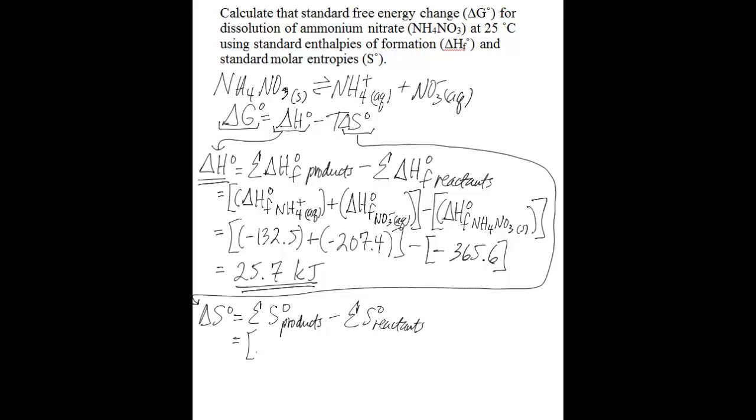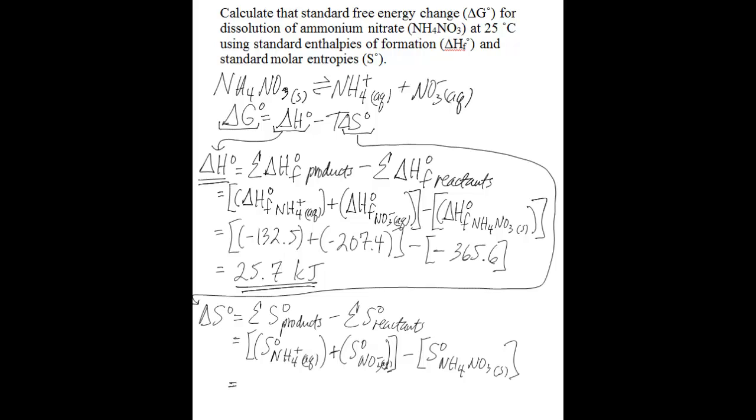So what you'll get here is the sum of the standard molar entropy of ammonium in aqueous form plus the standard molar entropy of nitrate, also in aqueous form, and you're going to subtract from that the standard molar entropy of ammonium nitrate in solid form.